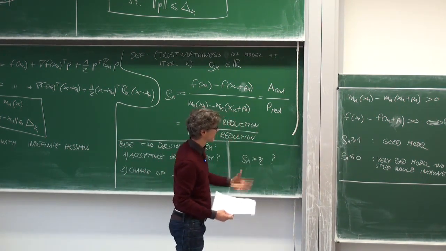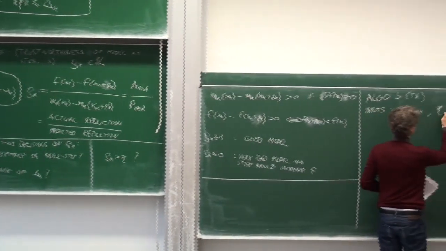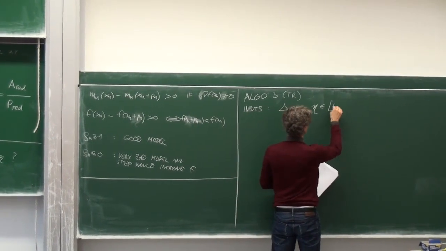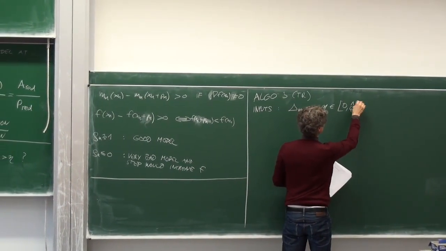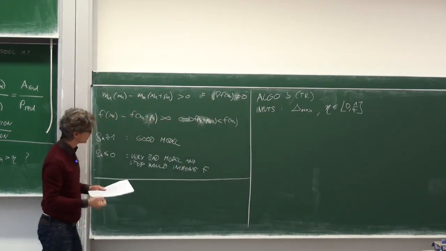So it should be a small positive number, and eta is something that we will choose between 0 and 1/4. This 1/4 is a bit arbitrary, of course, but it's what we will choose here.